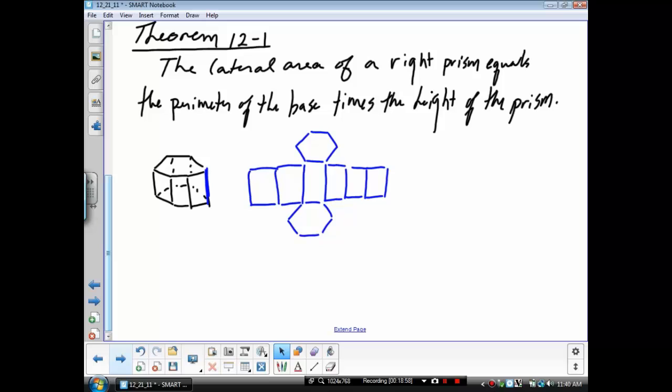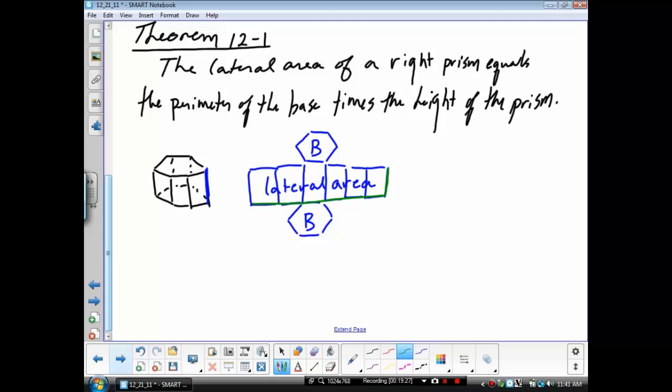So we have 2 base areas, which are capital B, that represents the base area. And then we have this lateral area. You can see that that lateral area would be like a rectangle with these 2 dimensions.